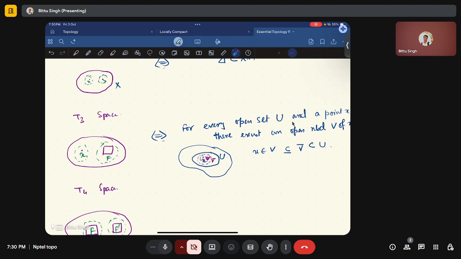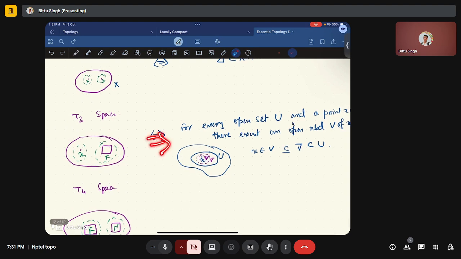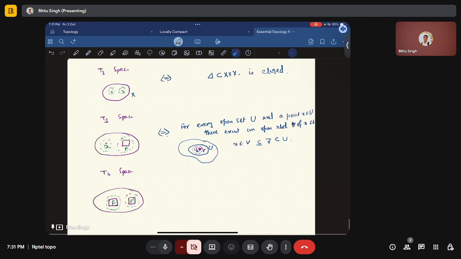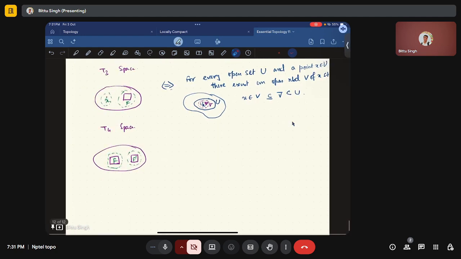Sorry, this is the set U, so the complement will be this. Take this and this point, so those two are disjoint, and apply this property. This is very easy to see. This direction is the obvious one, and this is also easy to observe. Very easy to prove.